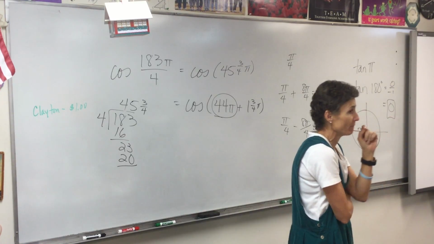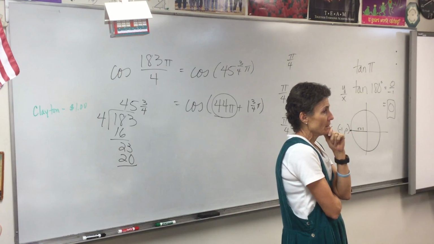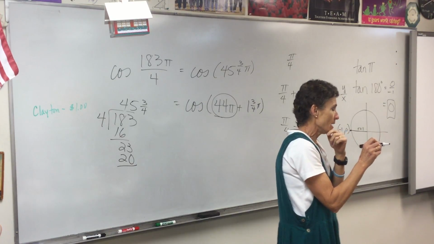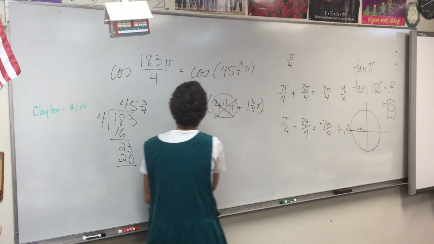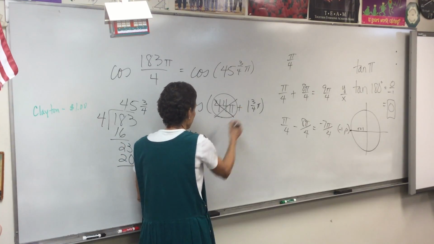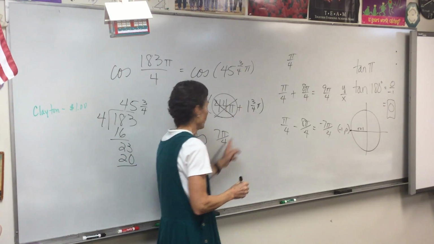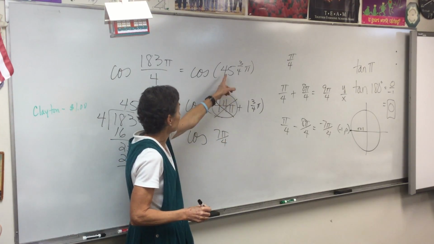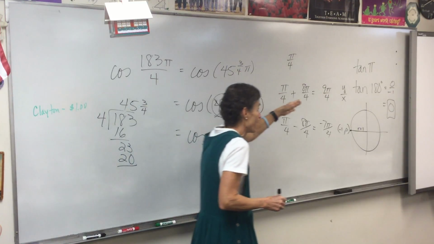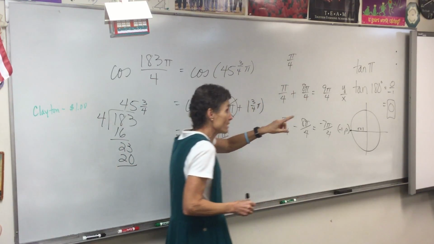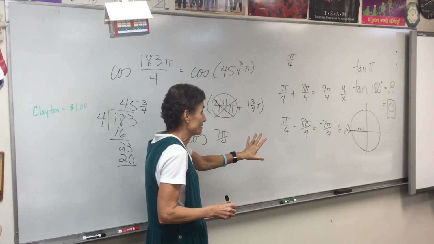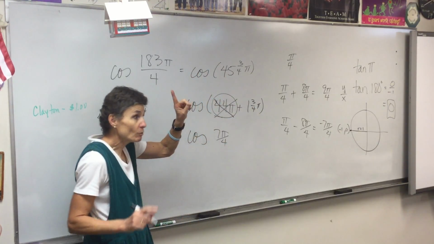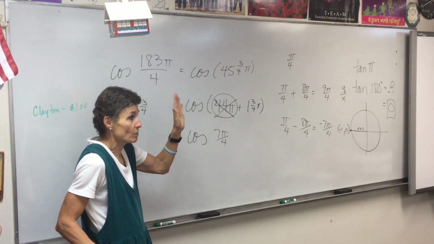It's 22 revolutions. And when I'm drawing 22 revolutions, do those even really matter? No. The only part of this problem that matters is the 1 3/4 or the 7 pi over 4. All of this extra stuff, if you're saying 45 pies, 44 of those pies are meaningless. They're just spins. So I'm going to ignore those. If I don't have a calculator, I'm going to ignore those 44.